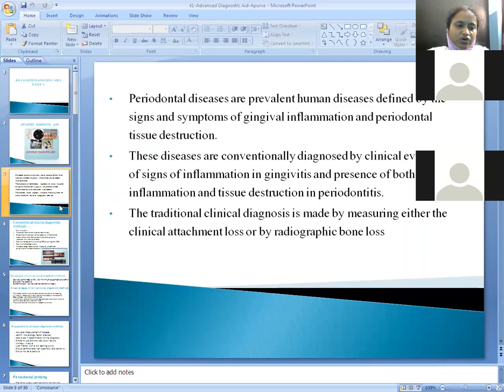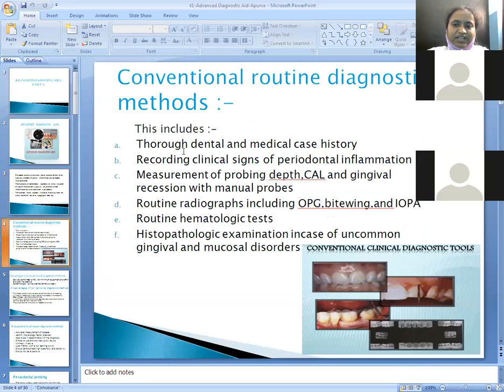Yes, okay. So we will see the conventional routine diagnostic. For diagnosis, we record clinical case history or dental and medical case history, then signs of periodontal inflammation. They are mainly probing depth, clinical attachment loss, recession. All these things we record with the help of manual probes. Other than that, somebody told me that bone loss is also one of the features to detect periodontitis.